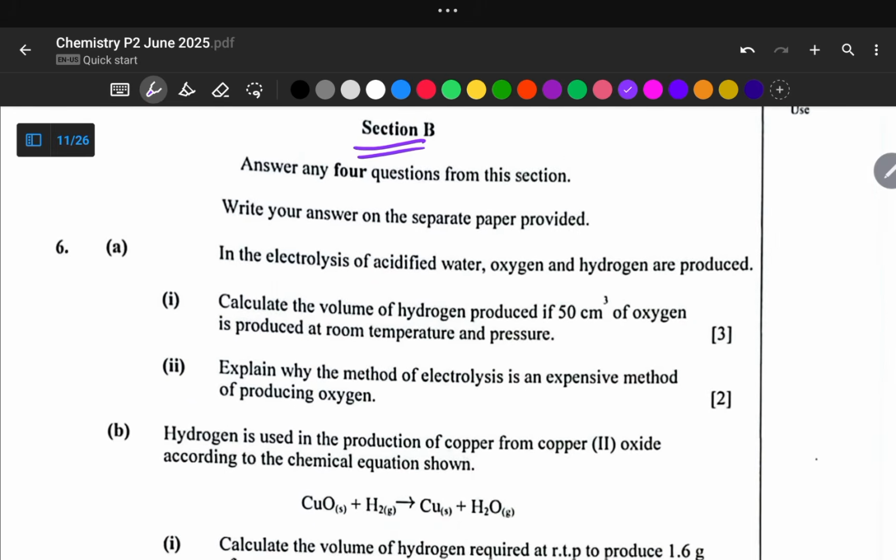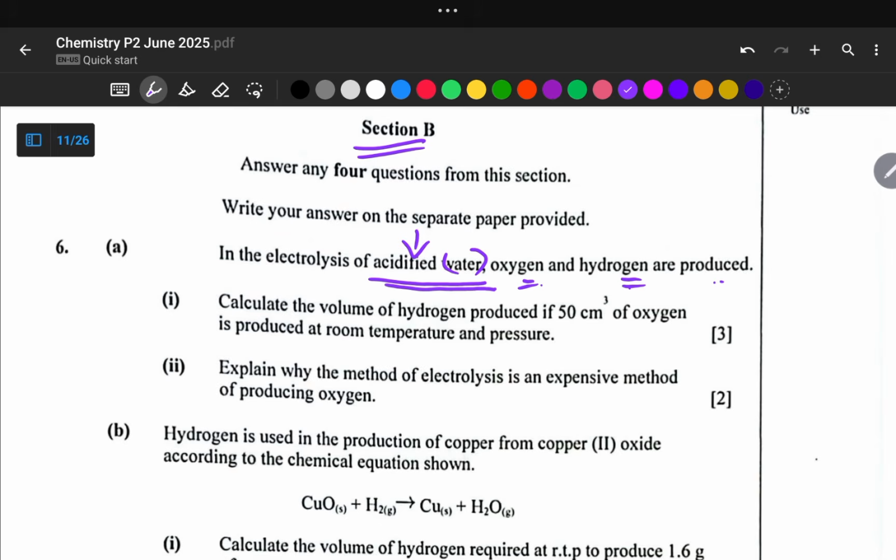Number 6 says, in the electrolysis of acidified water, oxygen and hydrogen are produced. We did this in our topic tutorials, so you need to check our playlist. We said water is being acidified. Why? Because water doesn't conduct electricity.